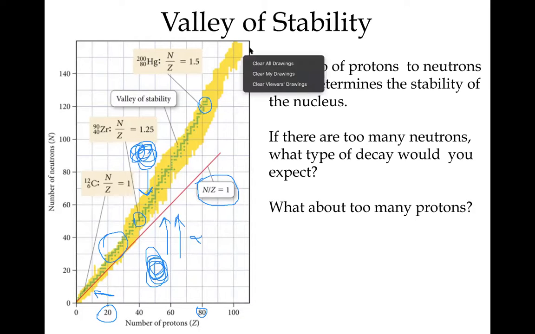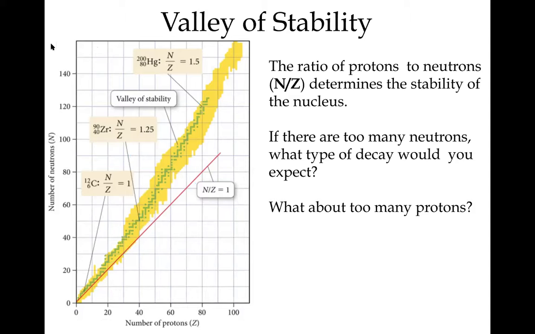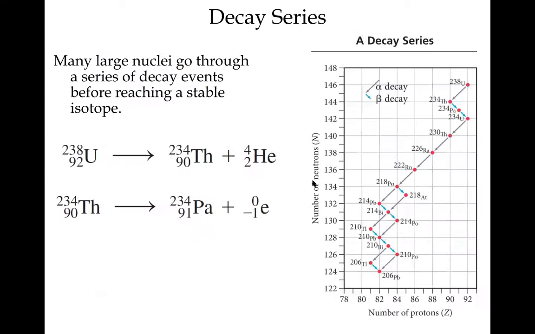Okay, let's clear this stuff. All right, now most nuclei don't just have one decay event to reach stability. Most of them have to go through a series, or a decay series, in order to finally reach a nucleus that is stable.